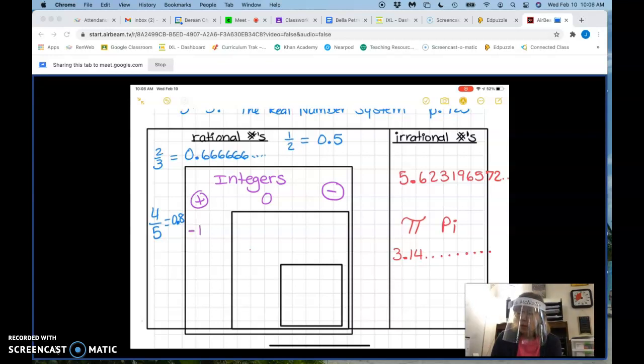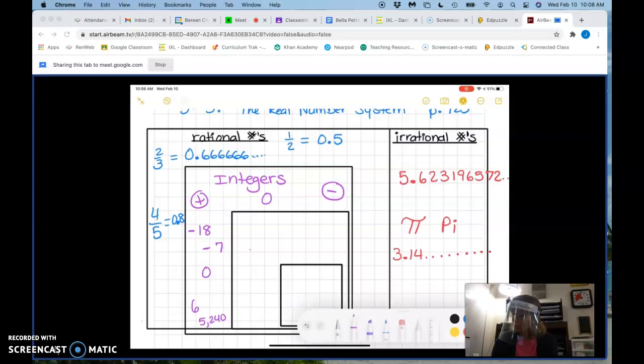We could have -18. We could have 0. We could have 6. We could have 5,240. As long as it doesn't have a decimal or a fraction, it is an integer if it's positive, negative, or 0. So it's any whole number, positive, negative, or 0.